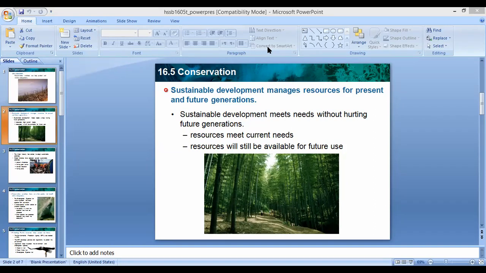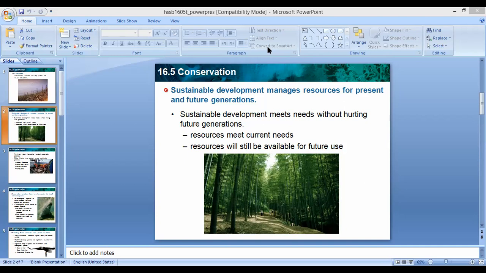to maintain the needs of the ecosystem, and at the same time, not only for nowadays, also for the future. So sustainable development is a practice that meets needs and manages resources for present and future generations without hurting the future generation.